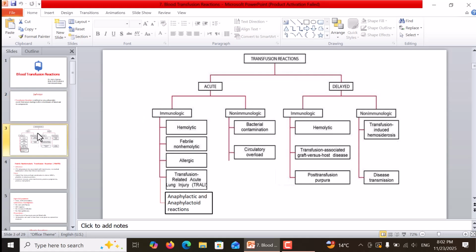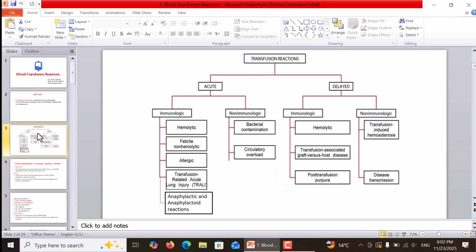We will classify transfusion reactions into acute and delayed forms. Acute reactions are subdivided into immunological and non-immunological. The immunological reactions include hemolytic, febrile non-hemolytic, allergic, transfusion-related acute lung injury, anaphylactic or anaphylactoid reactions, while non-immunological include bacterial contamination and circulatory overload.